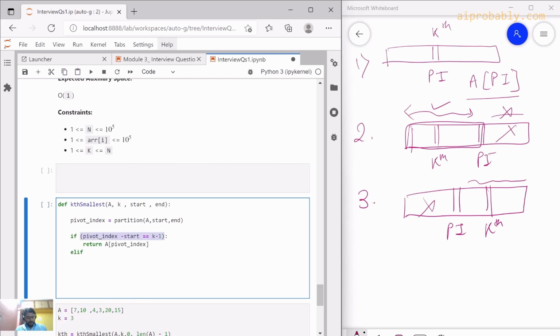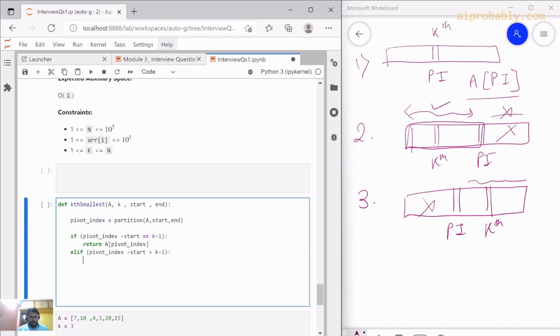But if that is not the situation, then there is another if else condition I will put. If the value which I received is higher than the current k value, which is our second situation, then in that situation I will do return, but here I will do the recursive call because my kth value is not determined yet, but I know where I can find it, which is in the left hand direction. So I am calling it again on the smaller array.